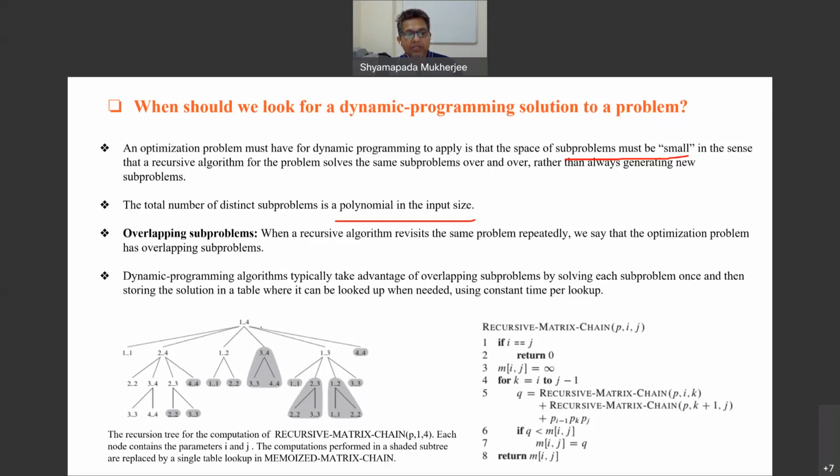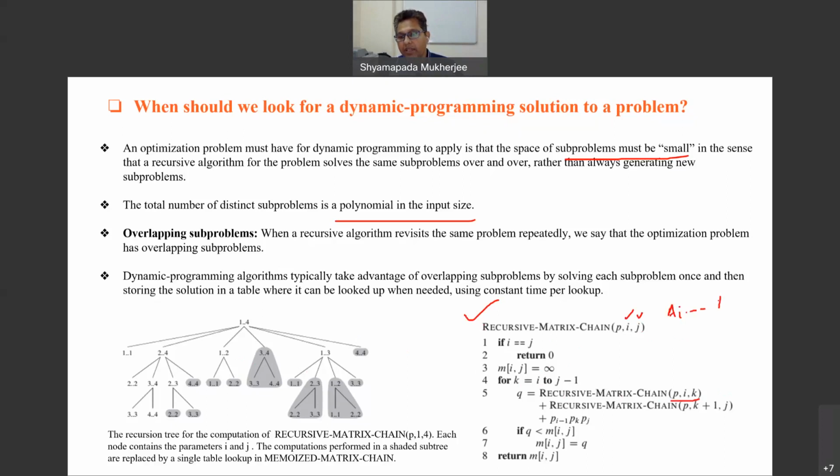So this figure is showing that idea: if we use a recursive procedure to solve the matrix multiplication problem, the recursion will call the function for the same subproblems repeatedly. Here you can see the algorithm we have already discussed, the recursive matrix chain procedure, where for smaller subproblems we try to find an index between two matrices I and J, or you can say A_I and A_J.